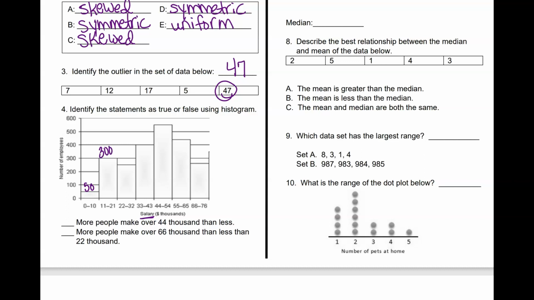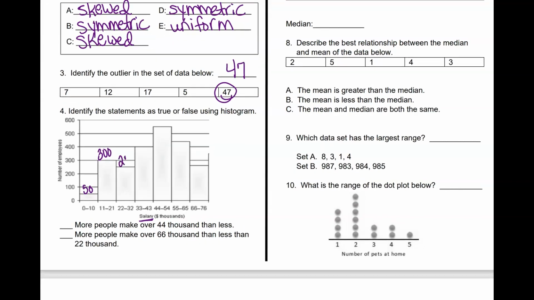For 22 to 32,000, that's a little bit more than 250 people, so I'm going to say that's probably closer to 275 people. 33 to 43,000 is 400 people. 44 to 54,000 is halfway between 500 and 600, so I'm going to call this one 550 people. 55 to 65,000 is between 400 and 500, so 450 people.